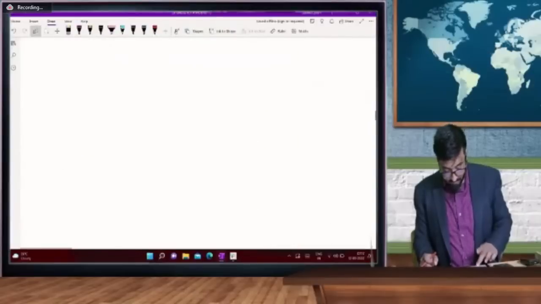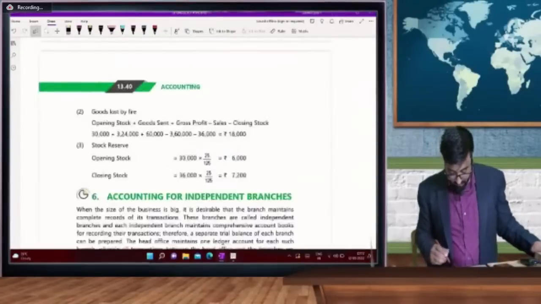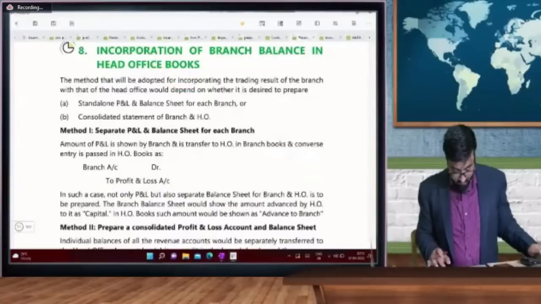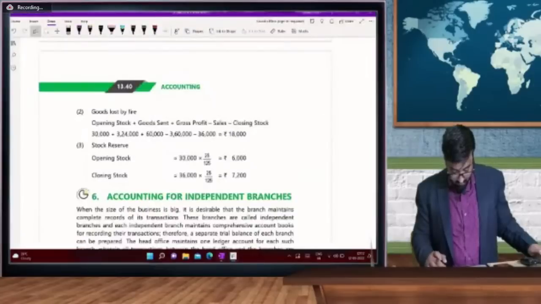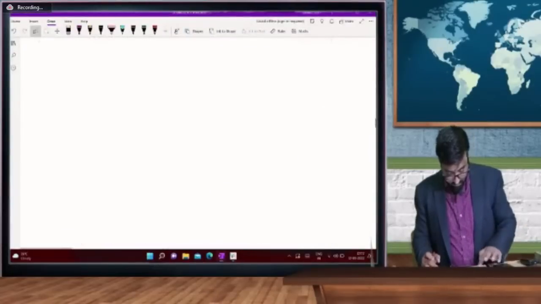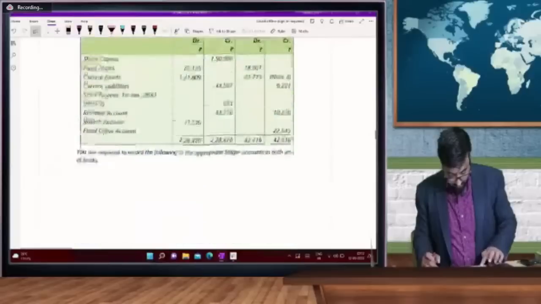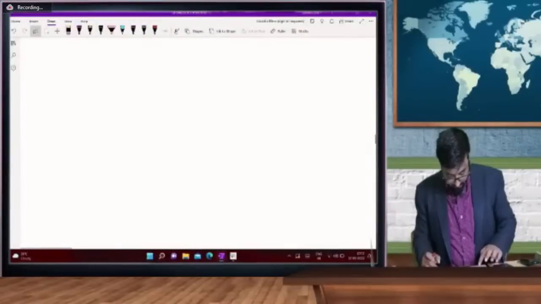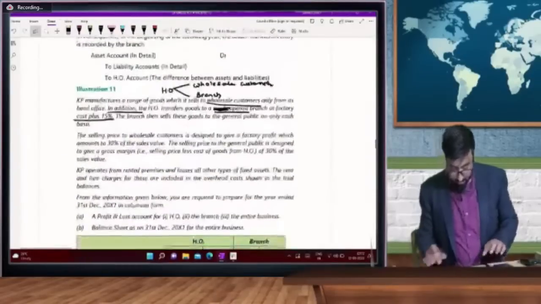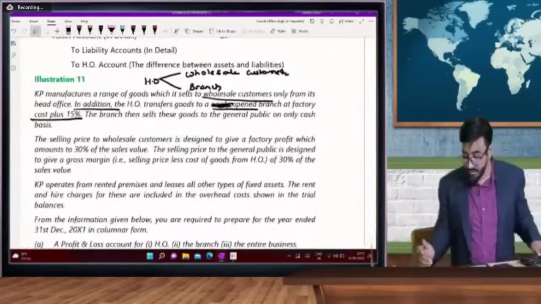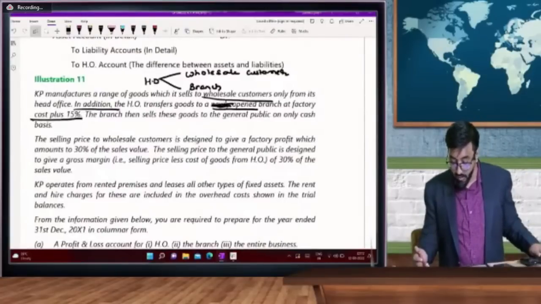So now the selling price to wholesale customer is designed to give a factory profit which is 30% of sales value.